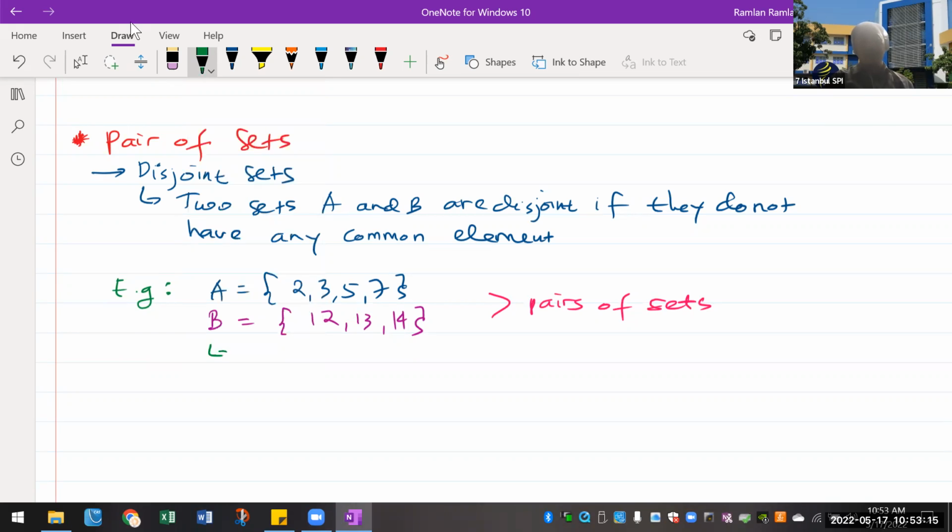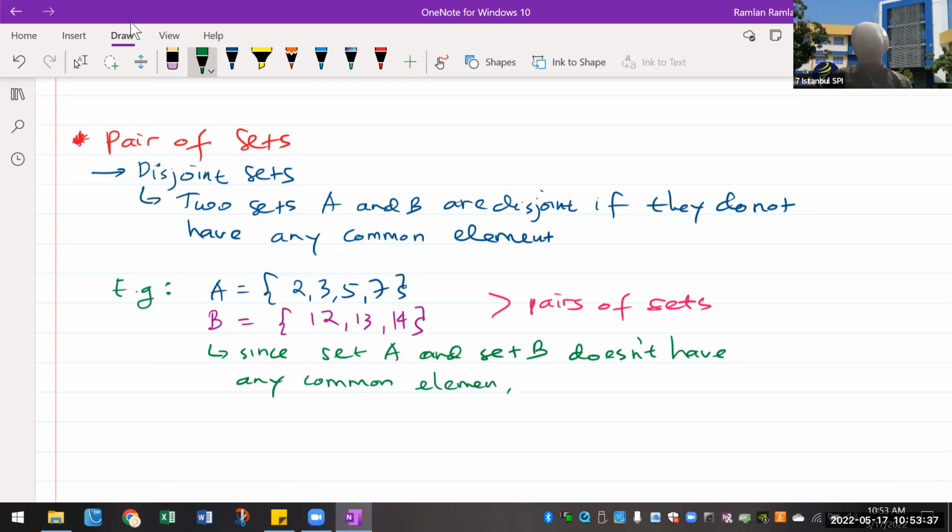Since set A and set B do not have any common element, then they are disjoint sets.